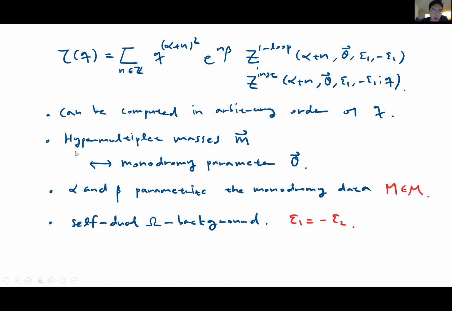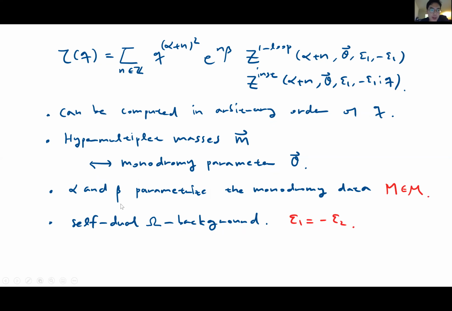Okay, let me go back to the hypermultiplet masses. What's the mathematical meaning of the hypermultiplet masses on the left-hand side in terms of the tau function at Painlevé VI? They determine the theta parameters. So m is theta, basically. And what about alpha and beta? Alpha is the Coulomb modulus, and beta is certain weights that we are using in the summation.